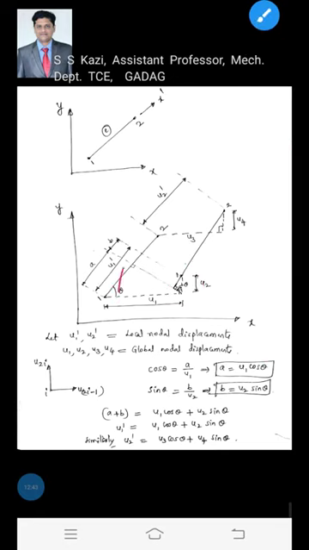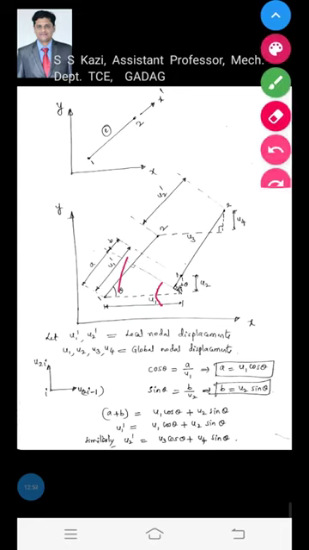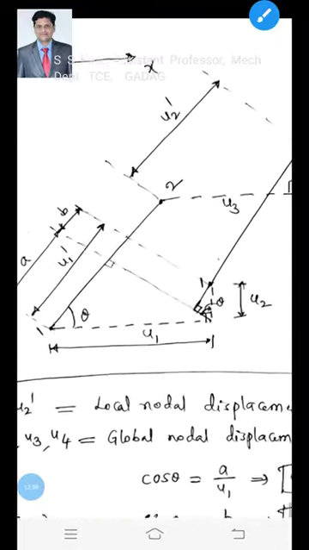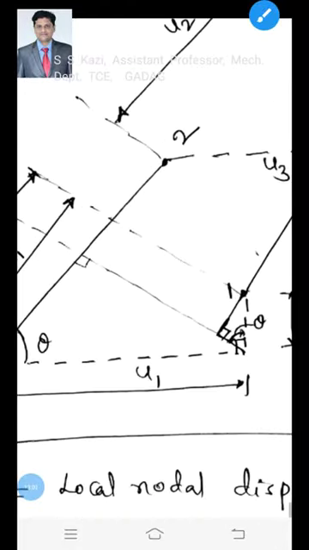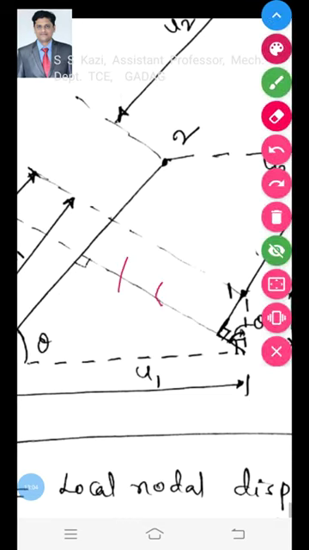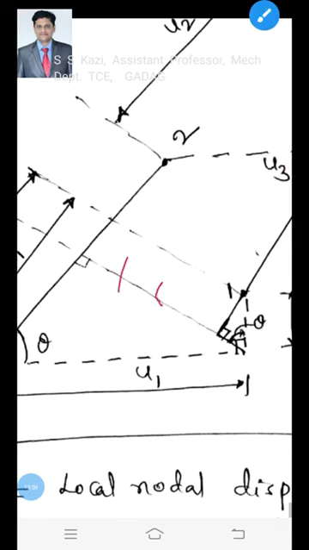If this angle is 90 minus theta, then this other angle will be theta.